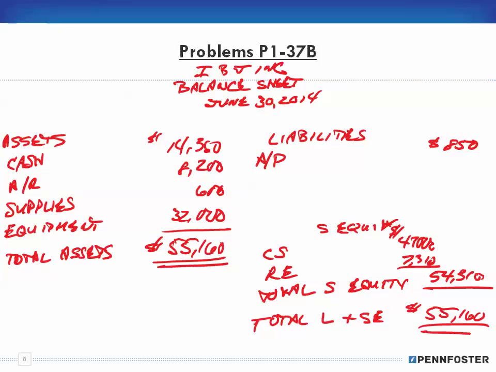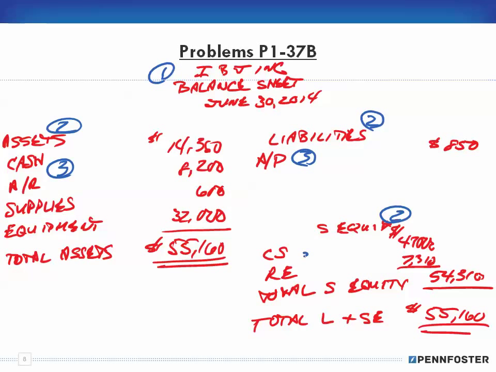So with that said, start becoming accustomed to the process of creating the financial statements. Try to set in your mind what to do next, what to do next, what to do next. Kind of like memorize that process, but understand why you're memorizing it. 1, I put the heading. 2, I put the category. 3, I will put in the accounts underneath each category.